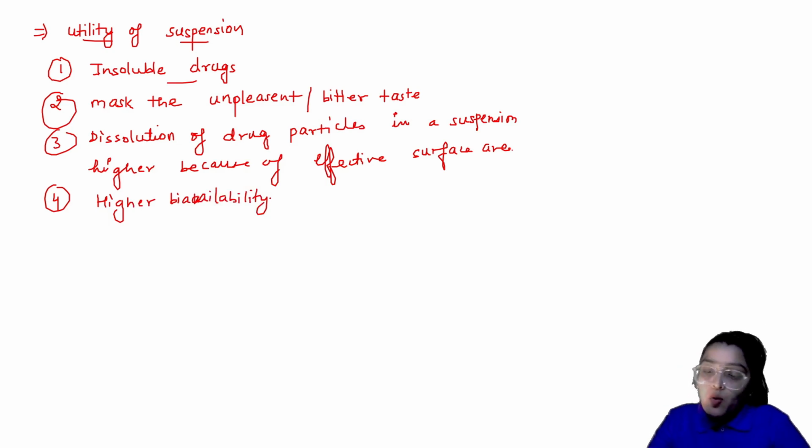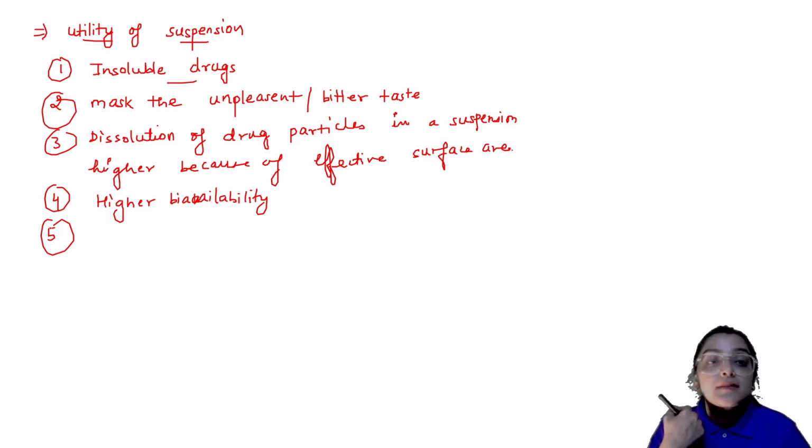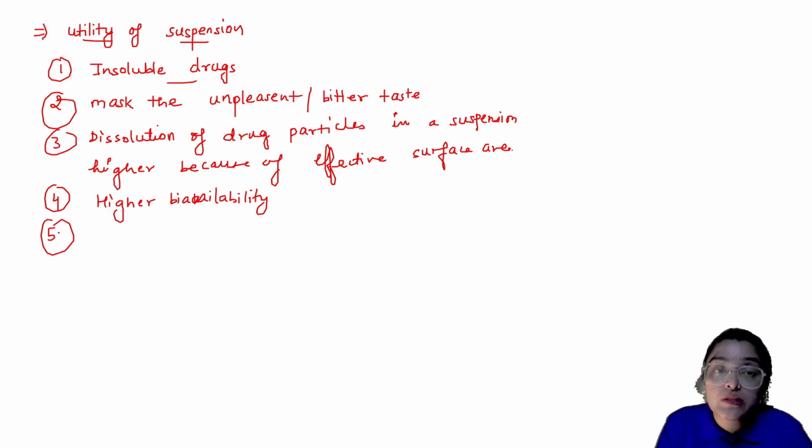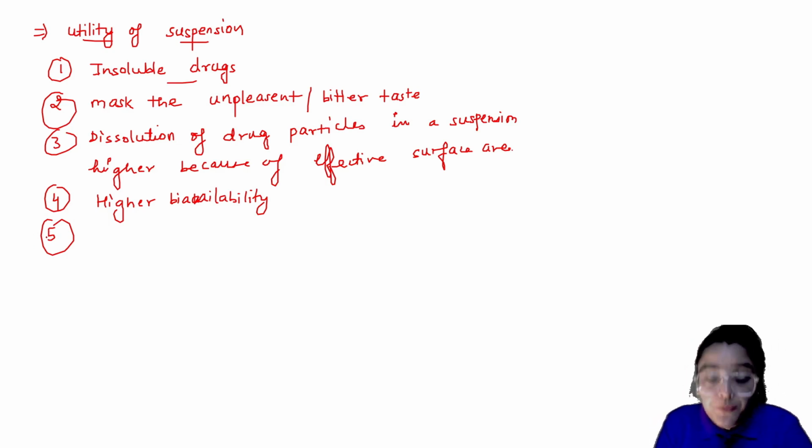Okay students. Firstly, we have seen that in suspension, the advantage is that you can use insoluble drugs to formulate a suspension. You can mask the unpleasant or bitter taste by formulating into suspension. The dissolution expected is much higher because of the effective surface area, so the bioavailability is also higher in case of suspensions. Other than this, suppose you have a drug that is highly susceptible to hydrolysis, or there are stability issues, they can be improved by formulating into suspensions also.